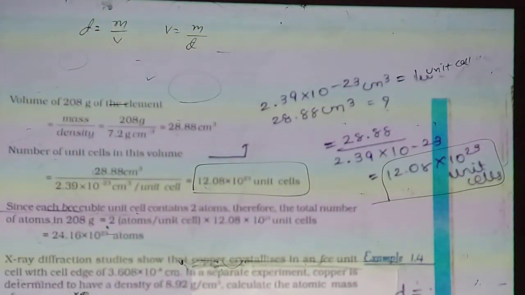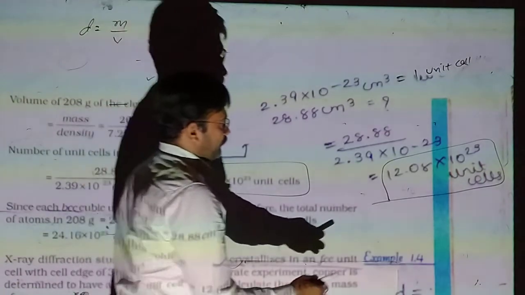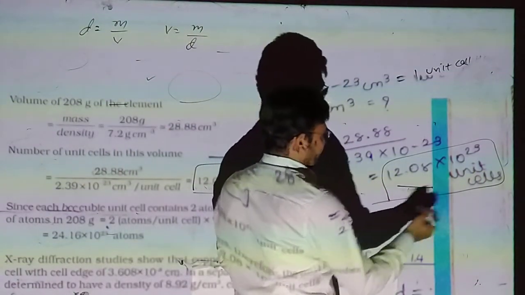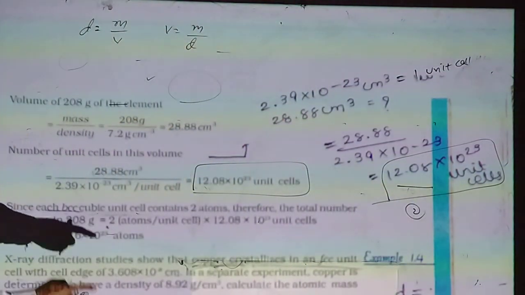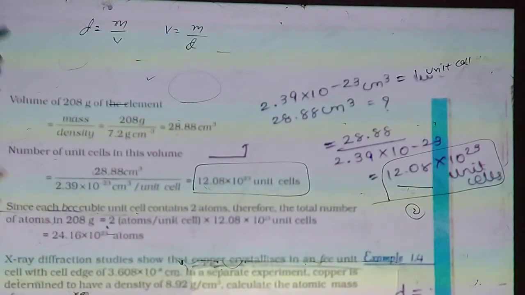Since each BCC cubic cell contains 2 atoms, so the number of atoms in 208 gram: 1 unit cell contains 2 atoms in BCC.